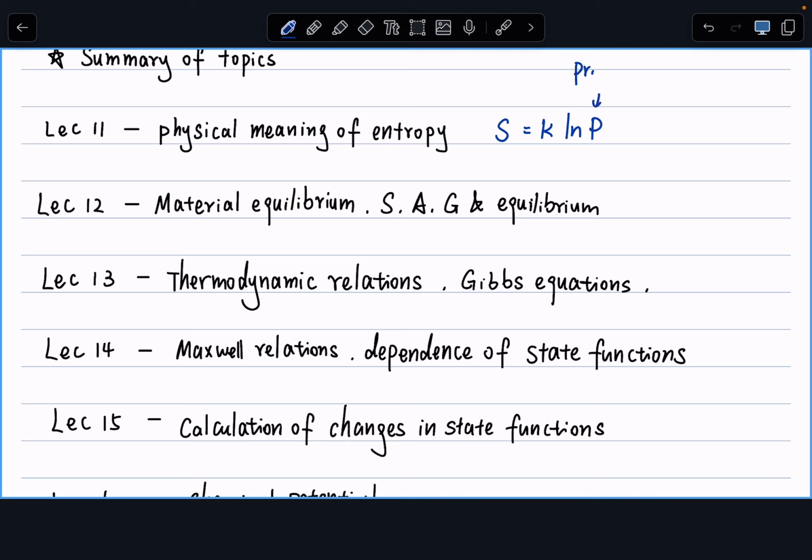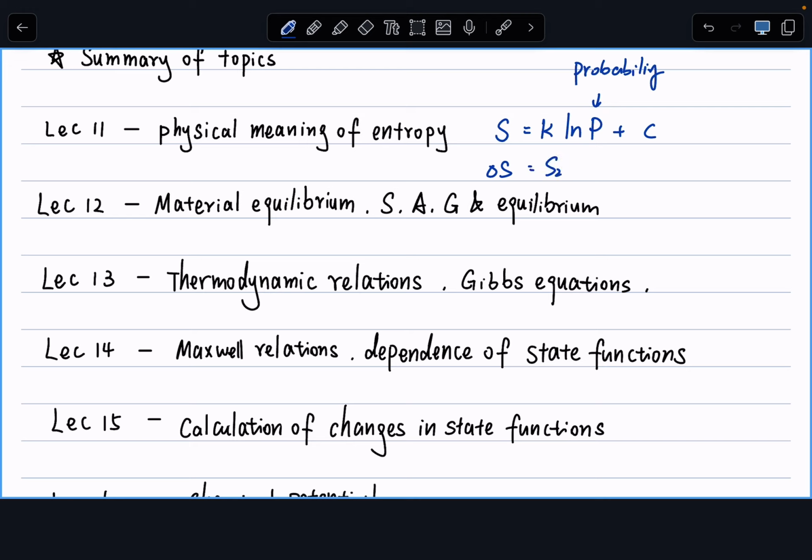So this P here is probability plus a constant C, right? Or more typically, we are talking about calculation of delta S, right? So the change of entropy in one state versus another. So you're taking the initial probability, the final probability over the initial probability.